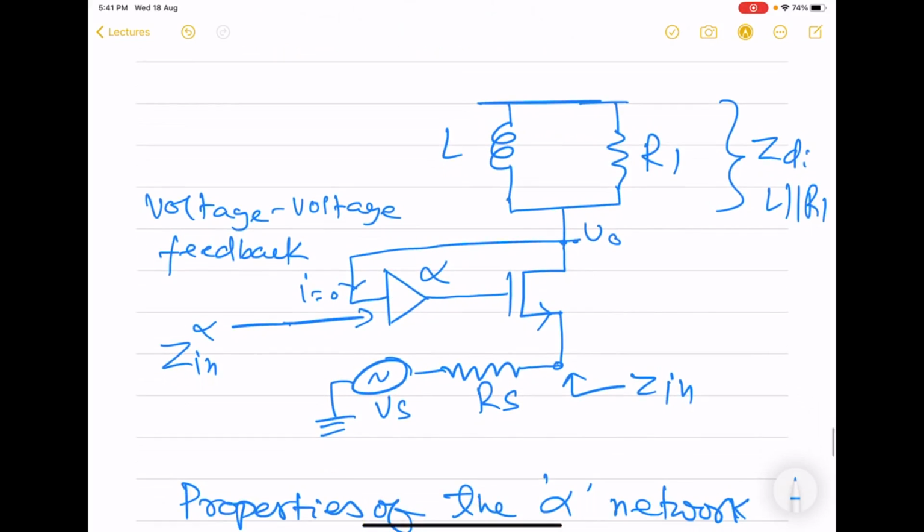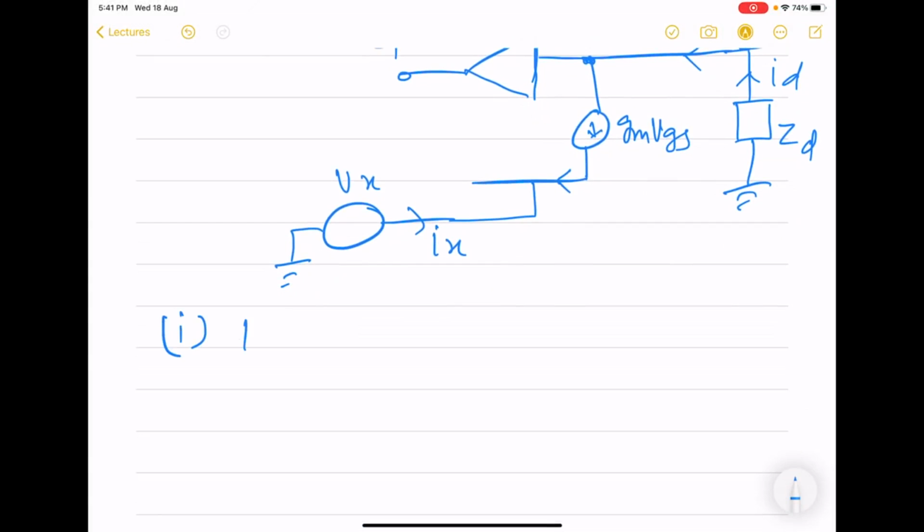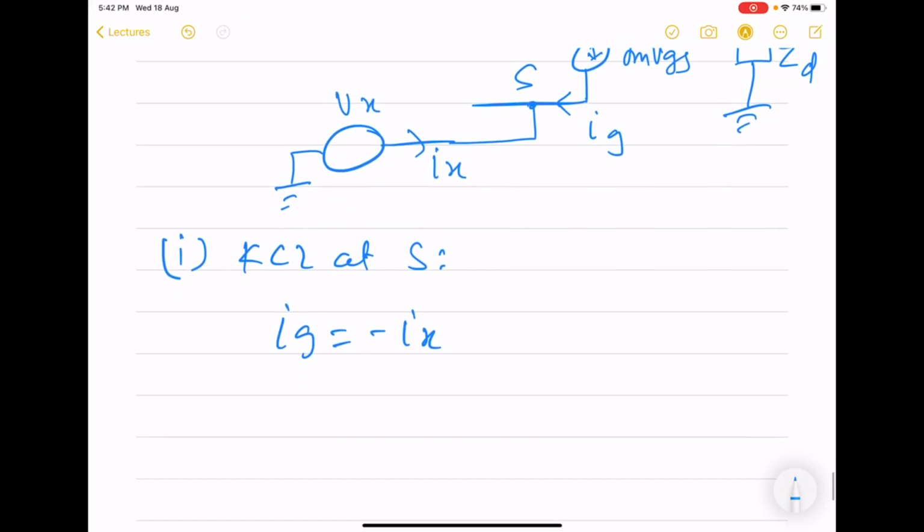Then I will come back to this point again. So when we apply this ACL at the source, so Ix is equal to minus GM VGS.